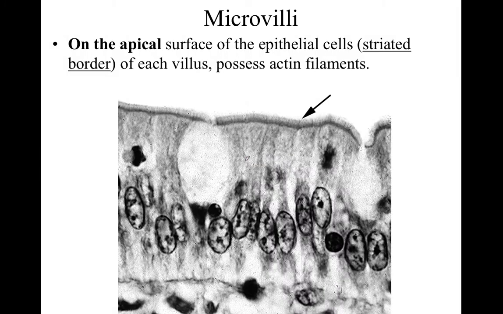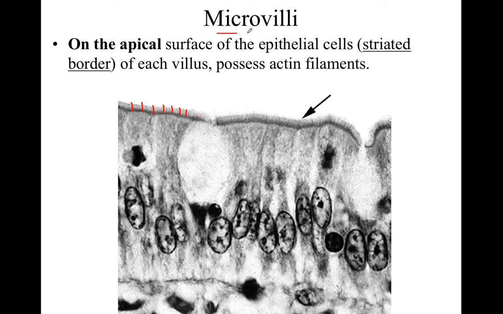Another modification we can see is the microvilli, or villi. They are present in the apical portion of the simple columnar epithelium. This structure has the appearance of a toothbrush, so they call it the striated border or the brush border.